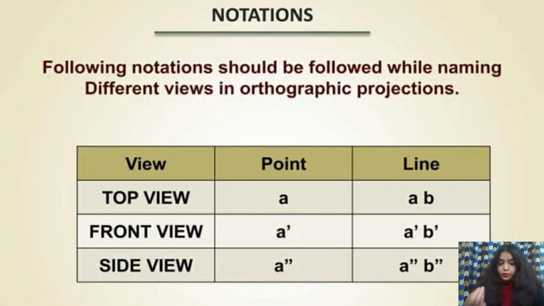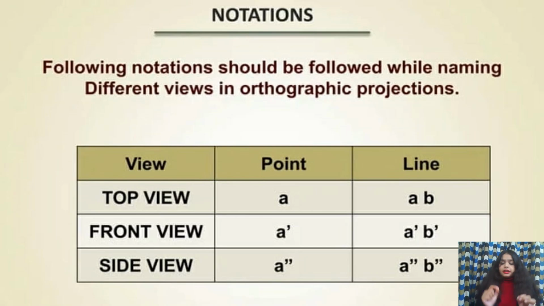For getting the proper understanding of that, we write the notations. You have drawn a figure or an object in 2D, and now you are naming it. You name it like the top view, front view and side view of the point.